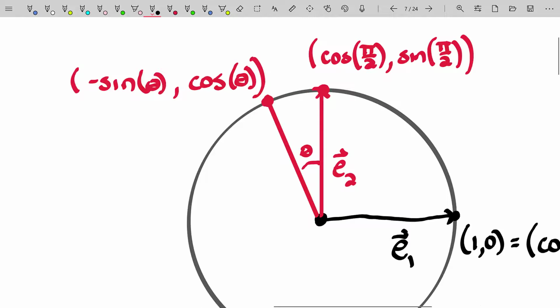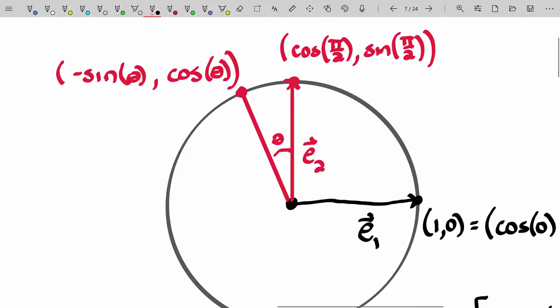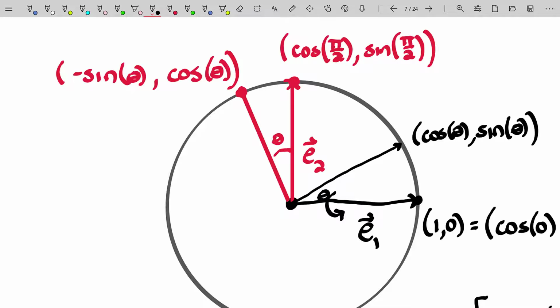Now think about what happens if you want to rotate things about the x sub 1 axis. So I wrote in there the transformation of the first vector just so that we can have this conversation, and we're going to rotate that about the x sub 1 axis, and when we do, it's just going to put a negative on the y value there. And same thing here, it's just going to put a negative on the y value there.